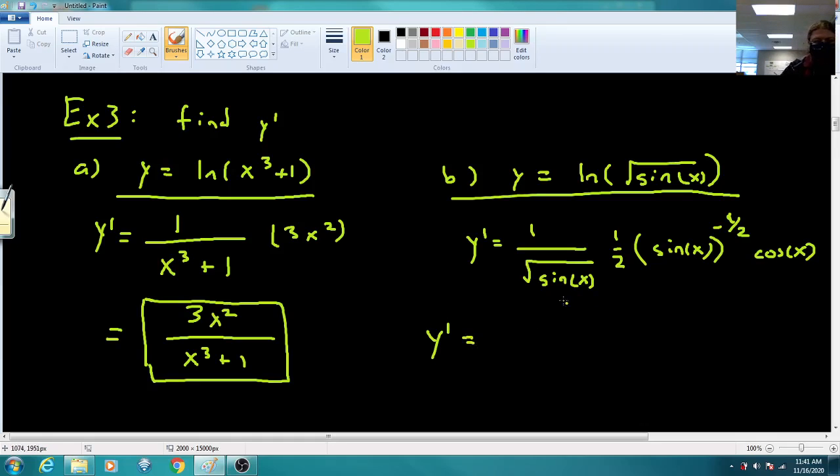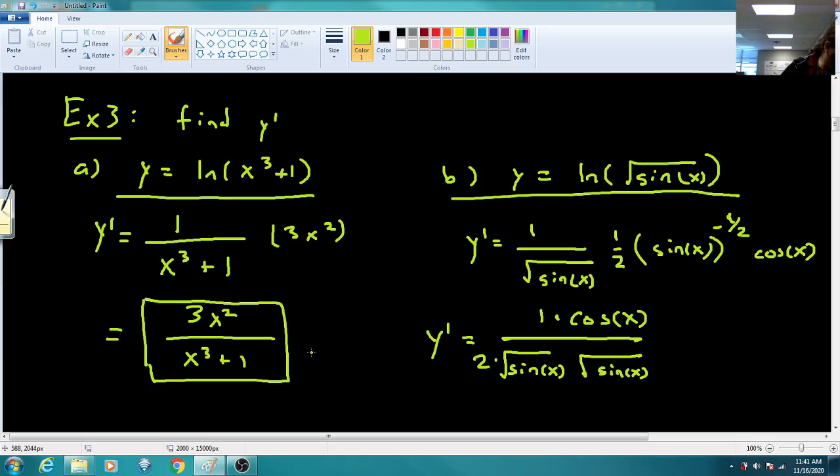Rewriting it nicer gives me, well, I guess we got 1 over square root of sine x. This negative 1/2 of sine of x goes downstairs also. Cosine stays up top, and the 2 gets multiplied down there.